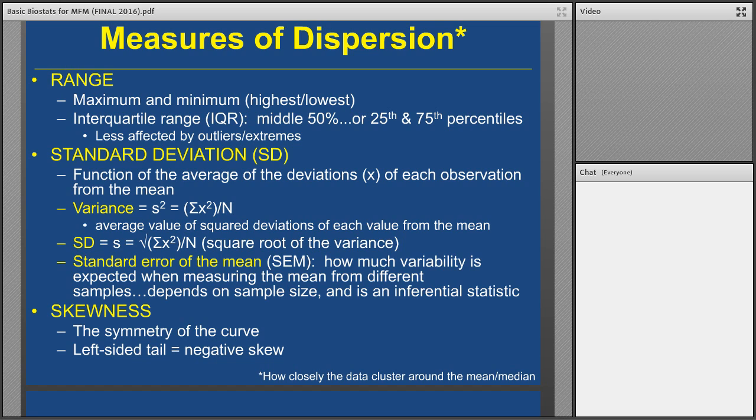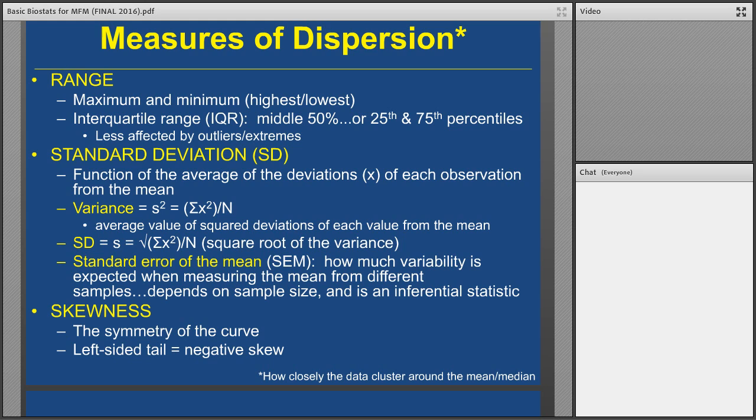So we start with the variance, which is a calculation that I don't want anybody to try to remember, but it's the average value of the squared deviations of each value from the mean. So the x squared summed, averaged across all of the measurements. And the standard deviation is just the square root of s squared, so it's just s. That's generally what we use to report for our normally distributed data.